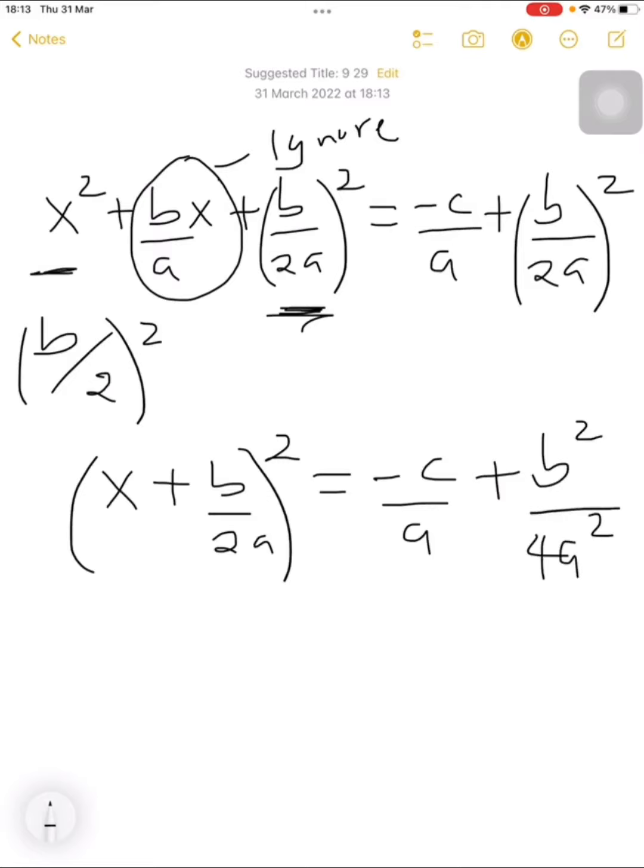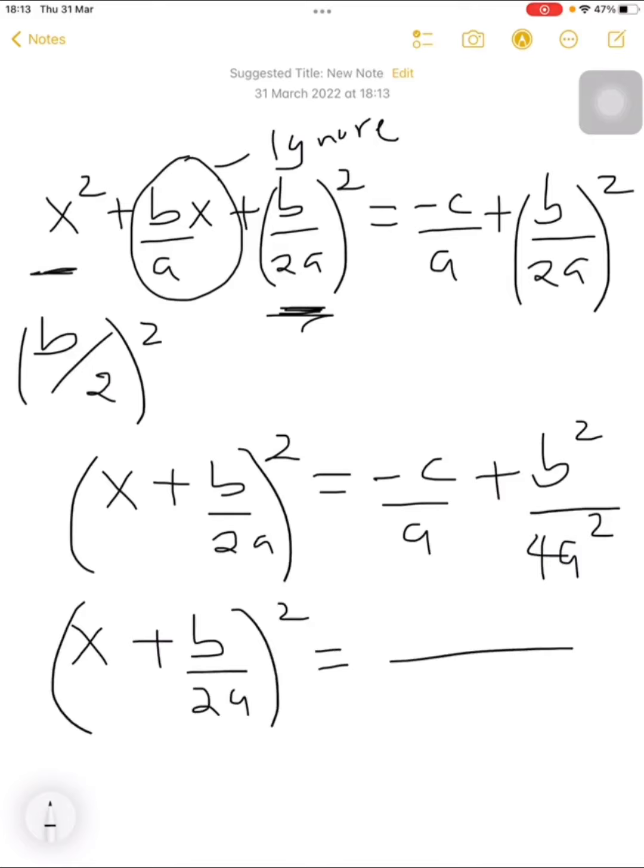And here we'll have x plus b all over 2a squared is equal to, what is the LCM of a and 4a squared? It's 4a squared. 4a squared divided by a is 4a multiplied by minus c.